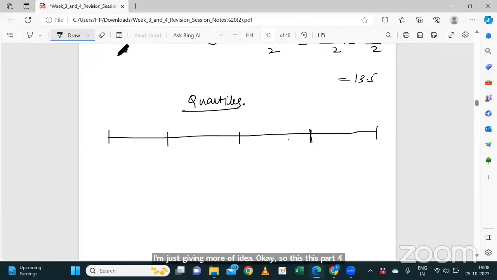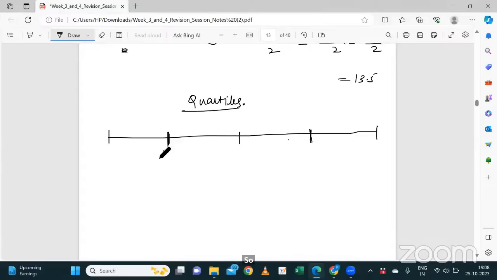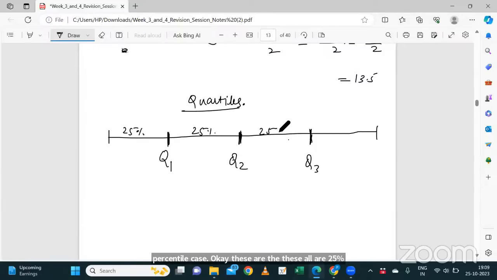So now there are some things. This one is called the first quartile, which I'm representing as Q1. This is called the second quartile, which I'm representing as Q2. This is called the third quartile. Now you have seen in the percentile case, these all are 25% parts, right?